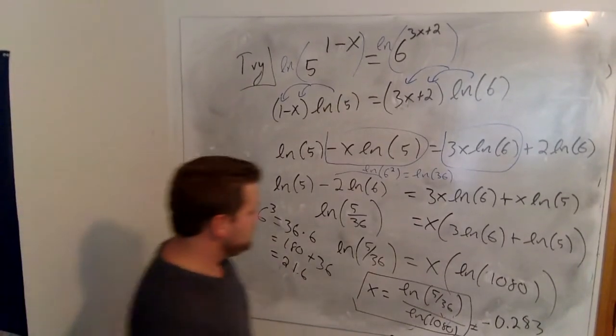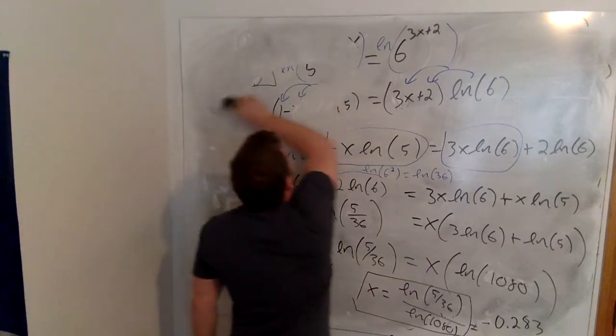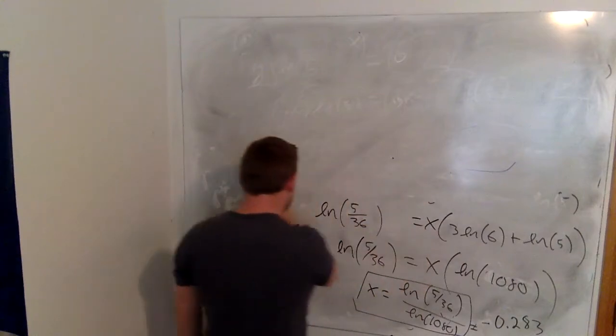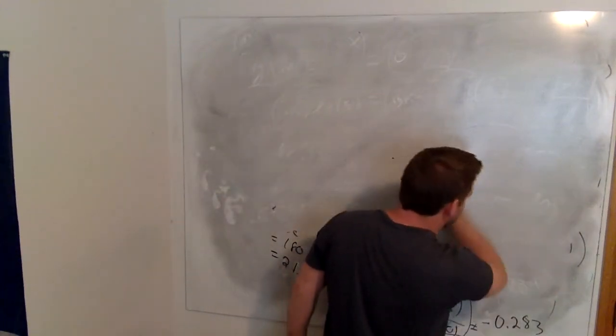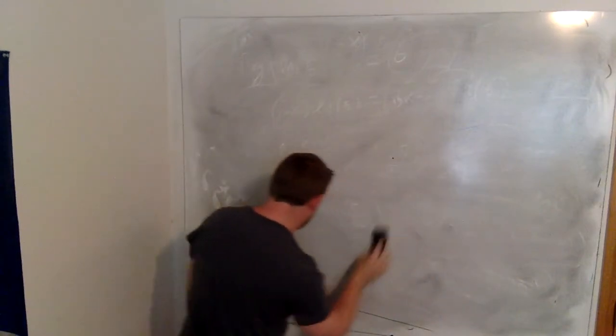Okay, let's do another fun exercise. Let's go ahead and erase what we have here. Let's do a problem where we have money sitting in a bank account. We want to know how long it takes to accumulate to a certain number.